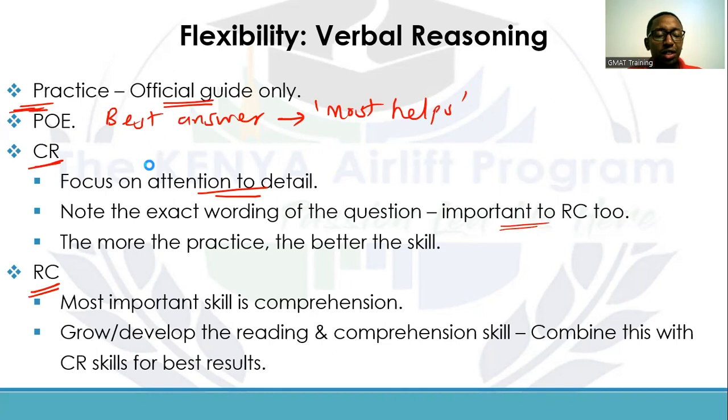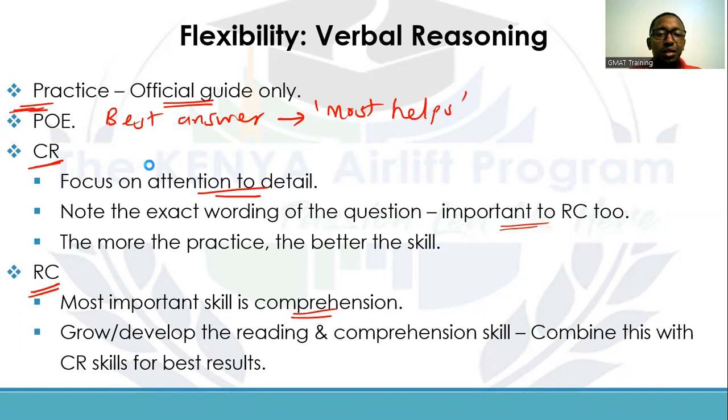So in reading comprehension, of course, we need the same skills as critical reasoning. It is attention to detail, noting the wordings, but it now needs another skill, which is comprehension. And this is not built by doing a lot of reading comprehension questions.